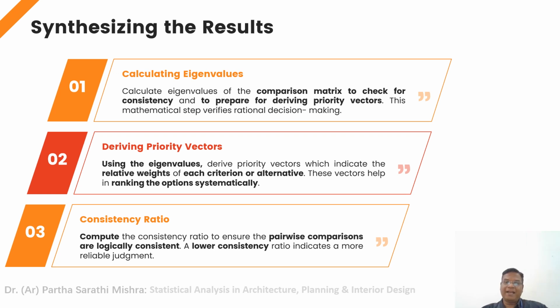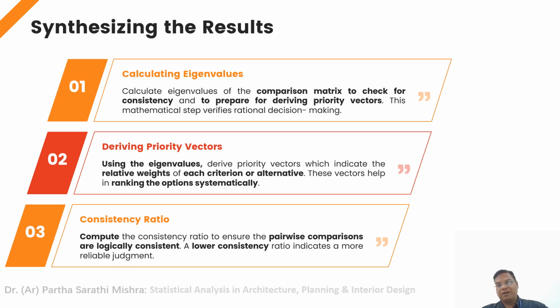Now deriving the priority vectors. Using the eigenvalues, derive priority vectors which indicate the relative weights of each criterion or alternative. These vectors help in ranking the options systematically. Now using these eigenvalues, we can find out the relative importance among the parameters.